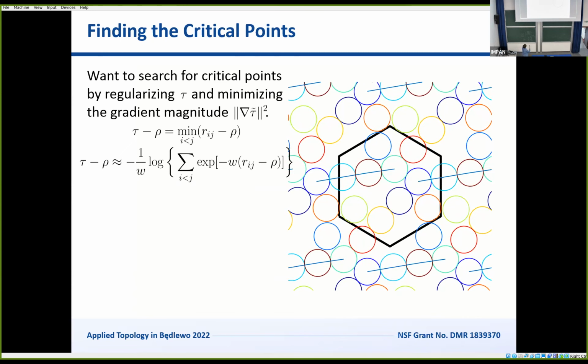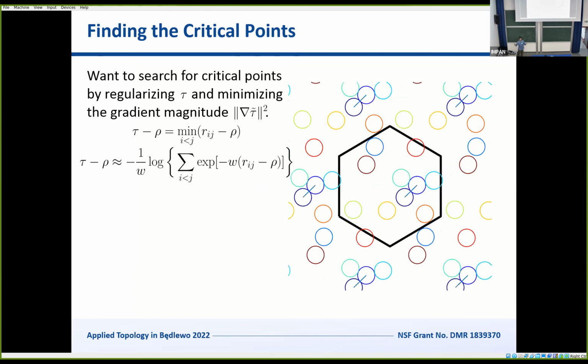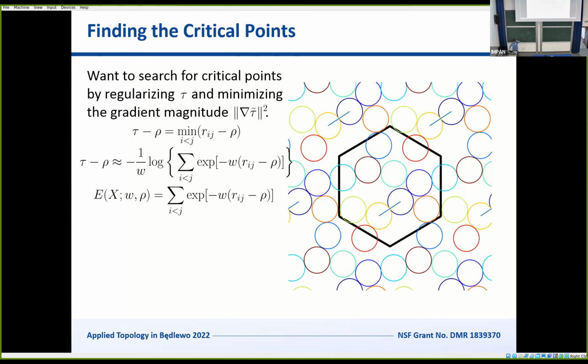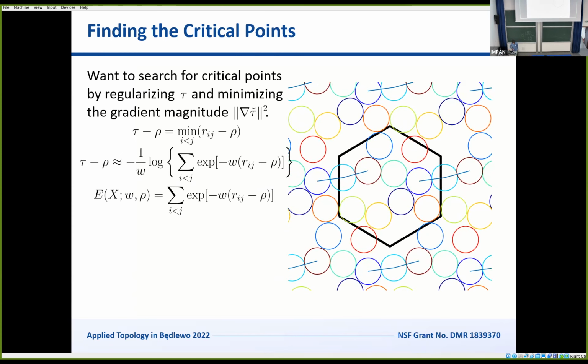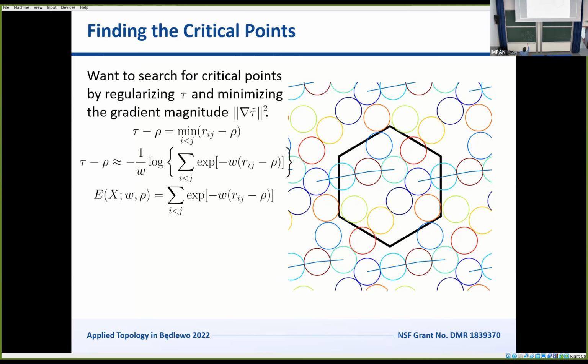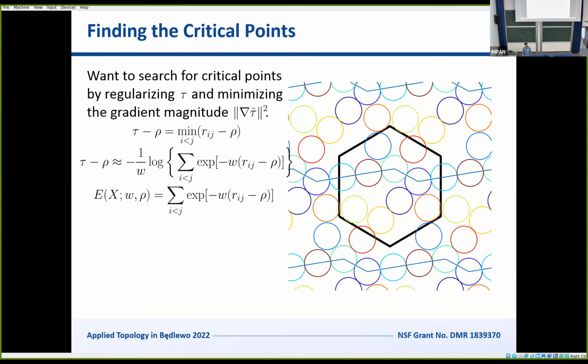It's an approximate thing, but it becomes exact in the limit that W goes to infinity, because that emphasizes the exponential where my separation is smallest more and more. Then I notice that this subtraction is a monotone operation, obviously. Multiplication by a constant is a monotone operation. The logarithm is a monotone operation. And any strictly monotone transformation preserves the locations of my critical points. That's not a proof, that's my intuition.